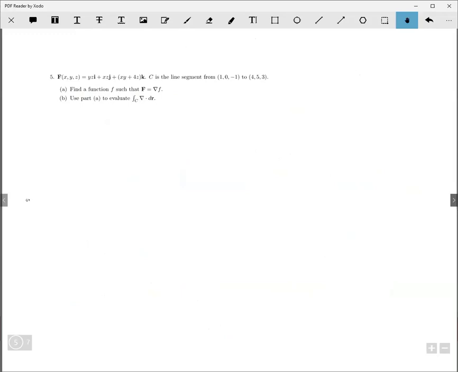Okay, so let's go on to number 5. And here we have a three-dimensional vector field. So there's the i component, a j component, and a k component. And the first part is to find the function f so that it's the potential.